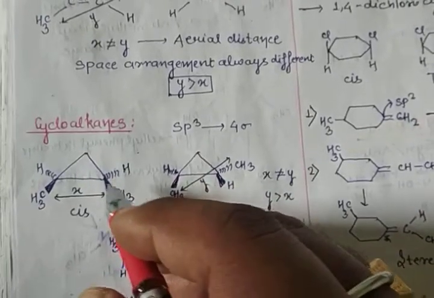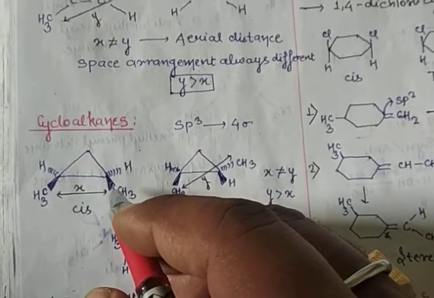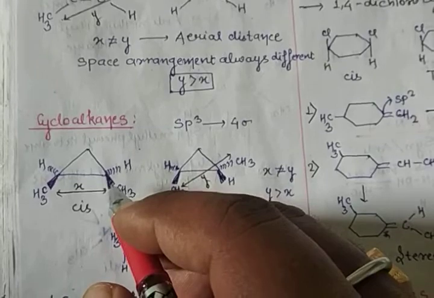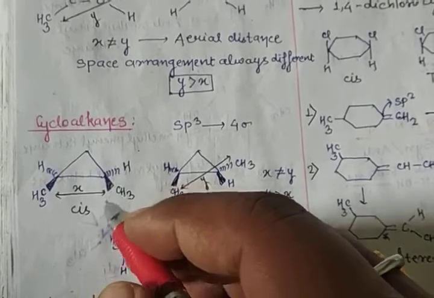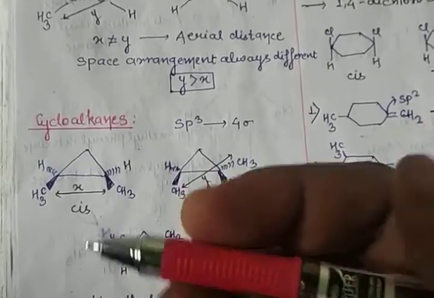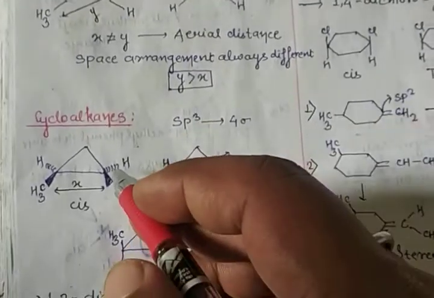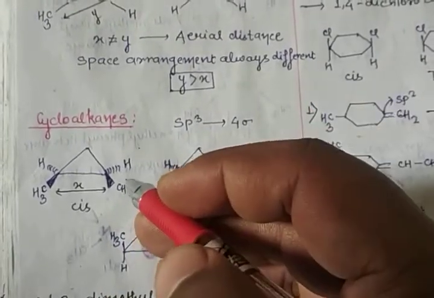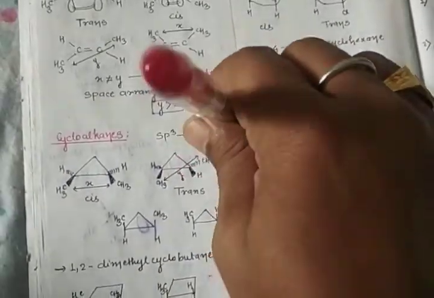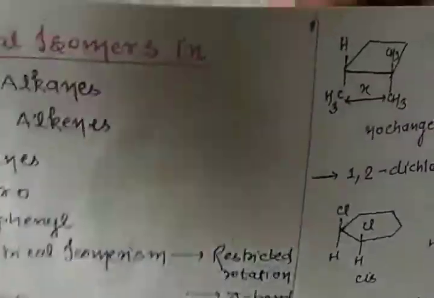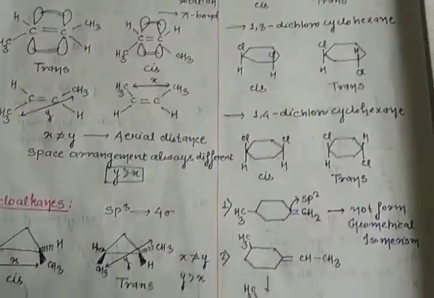This is also a single bond, but this is a wedge line and this is a dash line. Wedge line means front side, and dash line means back side. Clear?